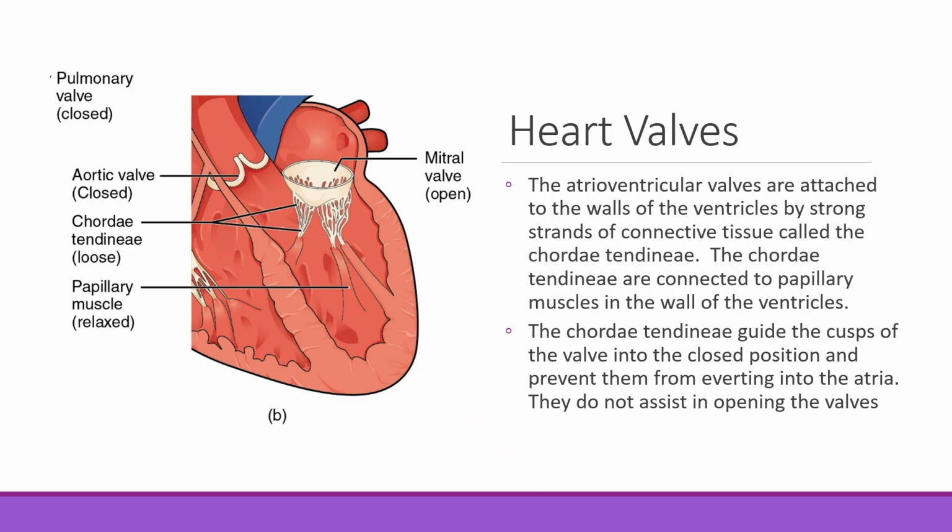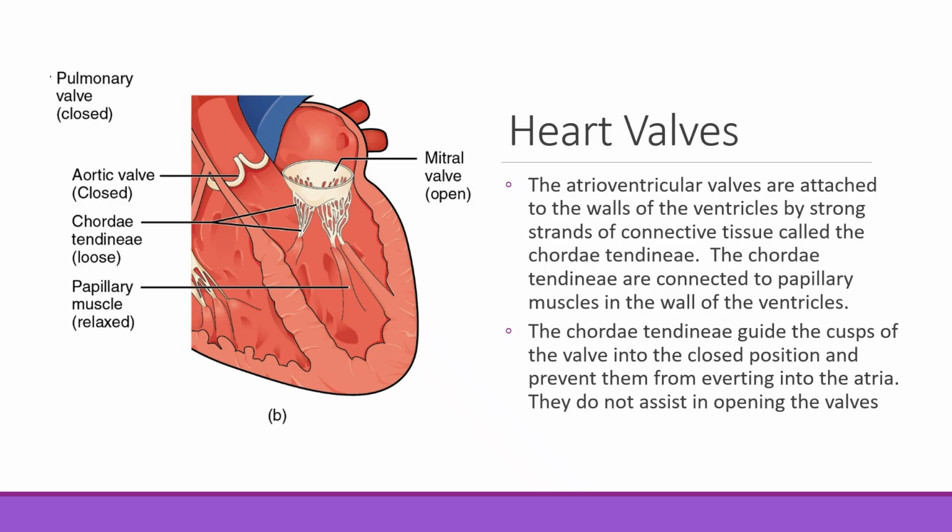The atrioventricular valves, the ones between the atrium and the ventricle, are attached to the walls of the ventricles by strong cords of connective tissue called the chordae tendineae. The chordae tendineae are connected to the papillary muscles in the wall of the ventricle. Let's take a look at that. You see what looks like little spider webs. Those are the chordae tendineae, and notice that they're attached to these projections of muscle.